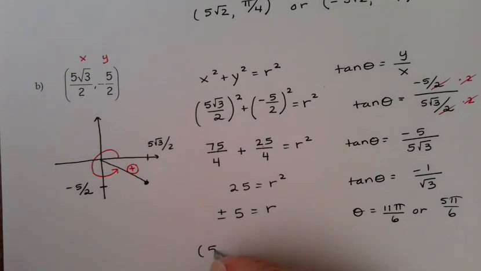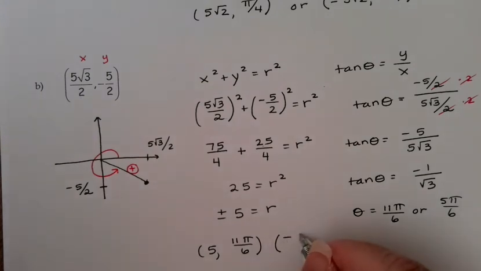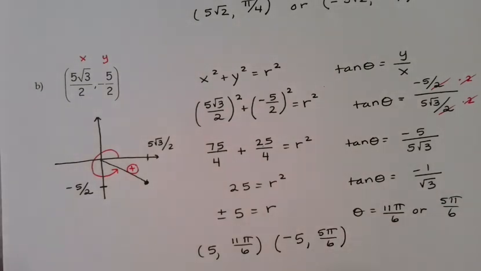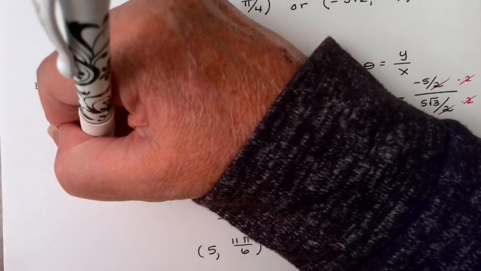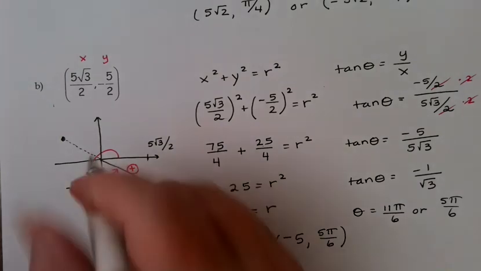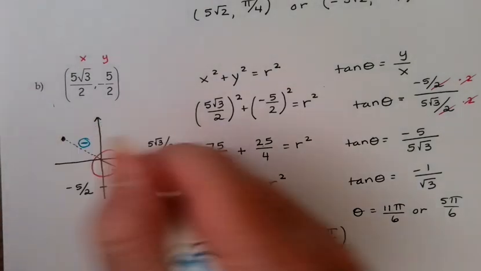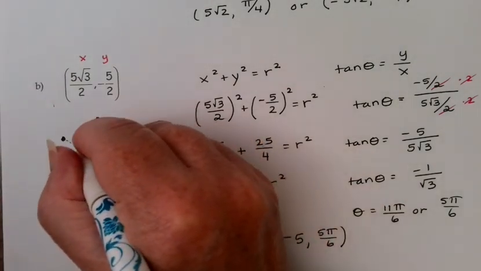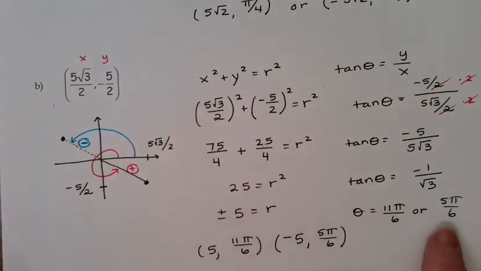So I'll have positive 5 going with 11 pi over 6, which by process of elimination means the negative 5 must go with the 5 pi over 6. But again, if you think about it, it makes sense. We went directly across. This would be our negative r value. And that would be that second quadrant angle, which is the 5 pi over 6.